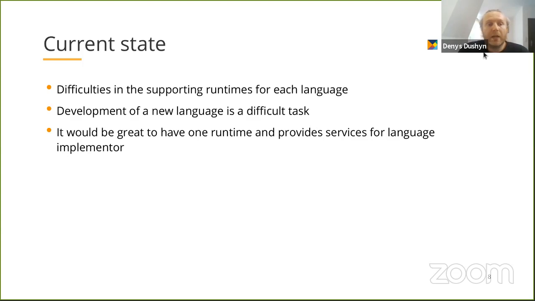Also, development of new language is a big and difficult task. So GraalVM, Graal virtual machine, tries to answer the questions and try to provide some services for language implementers, to provide some runtime that can be used by language implementers and programs.